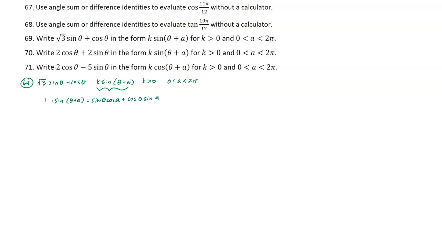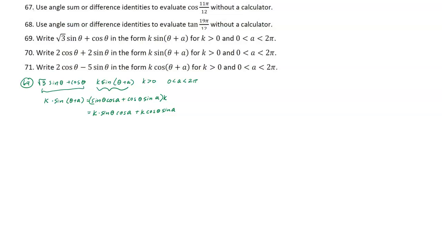But it's being multiplied by a k. So what I need to do is multiply this entire thing by a k also. So that becomes k times sine of theta cosine of a plus k times cosine of theta sine of a. Okay, I just distributed the k over. And then it gives you this right here, and says, write that in terms of this.